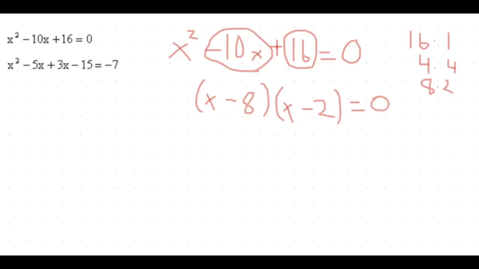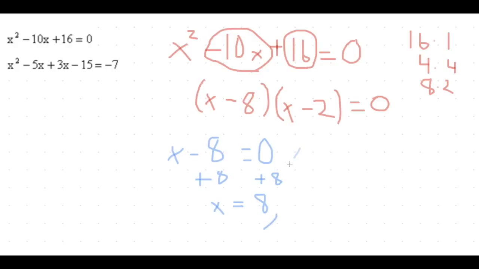And the way that we find x in this situation is we grab each part of the section and we set it equal to 0 and solve. So in this situation, we just add 8 to both sides, and we get that x is equal to 8.